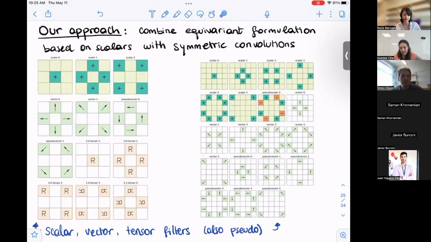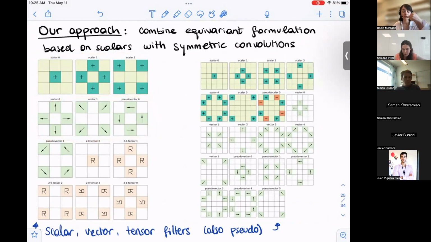So in the case of equivariant CNNs, Taco Cohen and Max Welling show that in order for a CNN to be equivariant, the filters that you have to use need to be symmetric. So if you want to do the same thing for invariant, equivariant functions on vectors and tensors, then you have to look at symmetric vector and tensor filters.